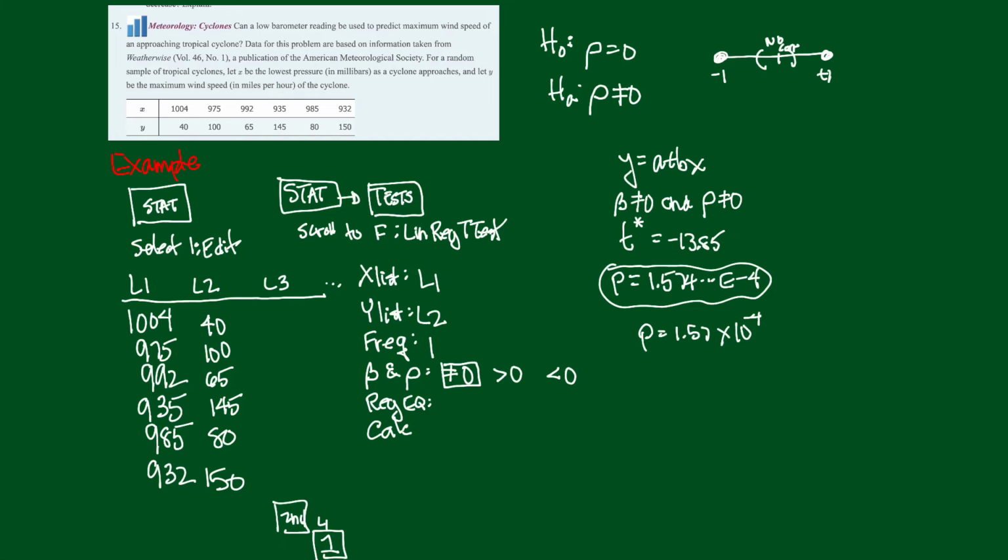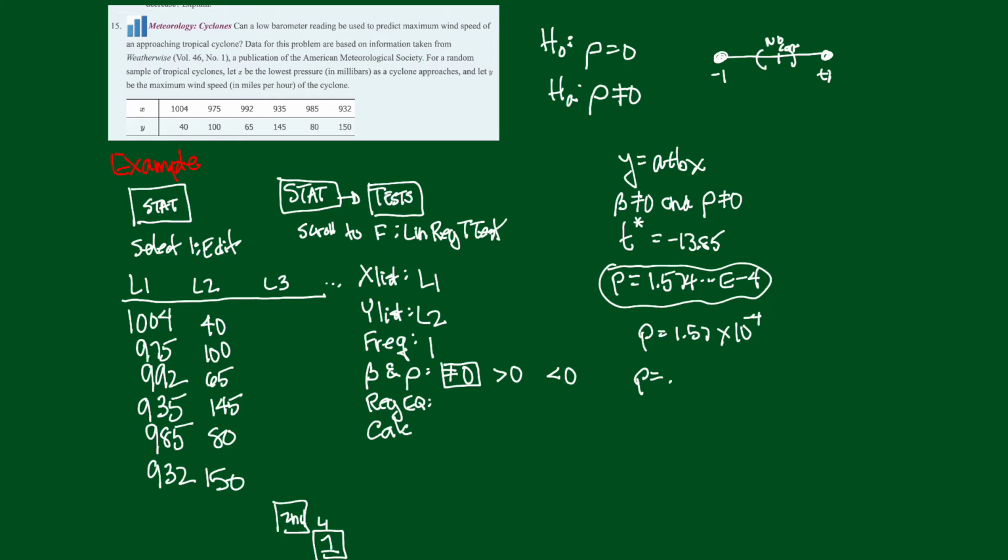Now, scientific notation just moves decimal points around. So to get that decimal point right there, we must have moved it 4 places to the right. The negative means it went to the right. So to get it out of scientific notation, move it 4 places to the left. So I'm going to take this decimal point and go 1, 2, 3, 4, right? So it's going to look like this.